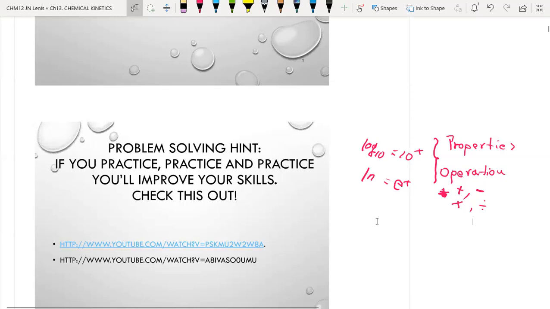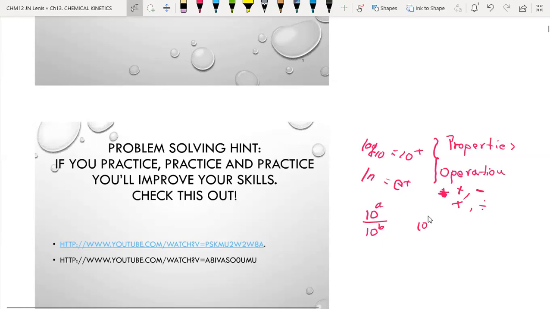The next one, simple exponential operations. Please work out properties of exponents, 10 to the a, and operations like addition, subtraction, multiplication. For example, how to do 10 to the a plus 10 to the b.